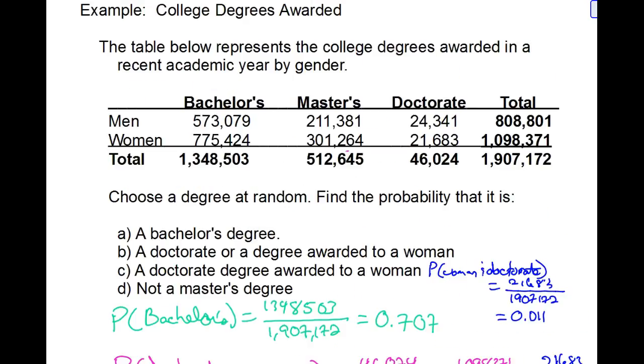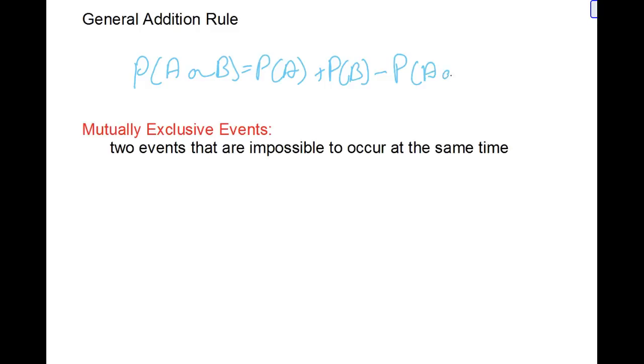Now the reason why I did it this way is because we're going to talk in a moment about something else. But the general rule of addition is the probability of A or B is equal to the probability of A plus the probability of B minus the probability of A and B. And if you recall on that last question, we had to subtract out where they overlap, that "and" portion, because they were not what we consider mutually exclusive, meaning two events that are impossible to occur at the same time.